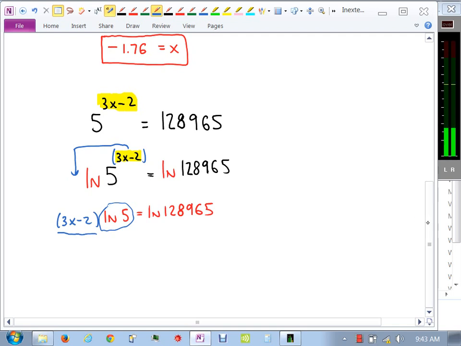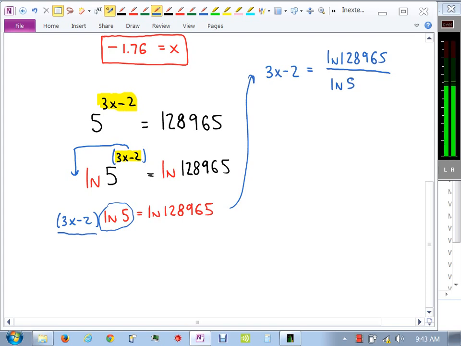That's what I'm going to choose to do. I'm running out of room, so I'm going to do it up here. I'm going to have my 3x minus 2. When I divide both sides by natural log 5, that's what I have. And now I need my calculator to help figure out what natural log of 128,965 divided by natural log 5 is.